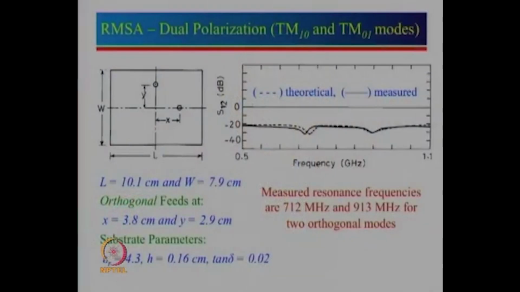Many times for channel capacity enhancement we try to use both horizontal as well as vertical polarization. Then we can get signal from both sides, and what is important is isolation between the two. Generally a 30 dB isolation is considered pretty good.